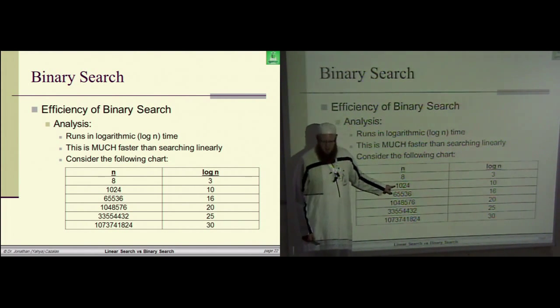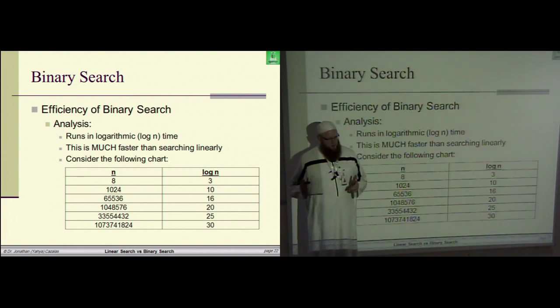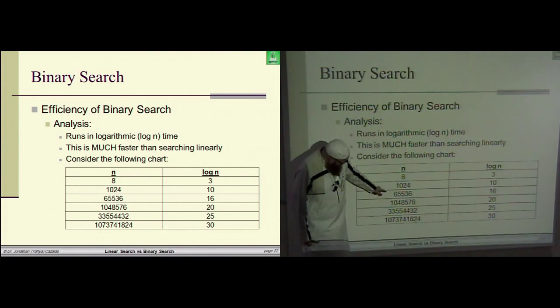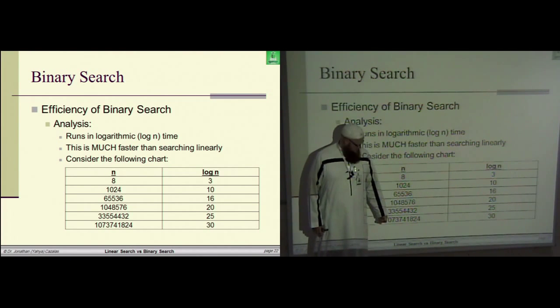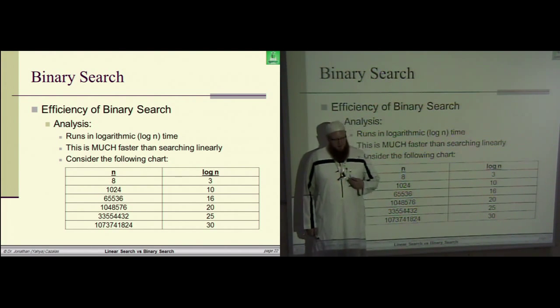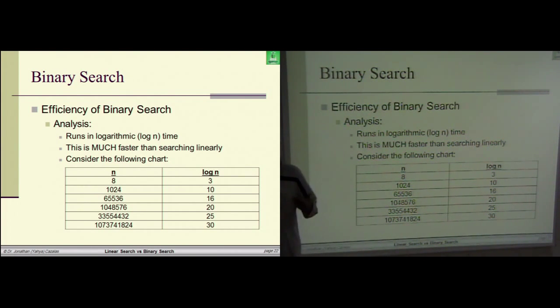So if I say a number from 1 to 1,000, we can find it within 10 guesses. If n is approximately 1 million, we can find it within 20 guesses. But if n is a billion, we can find it in 30 guesses. This is huge. Look at how fast.